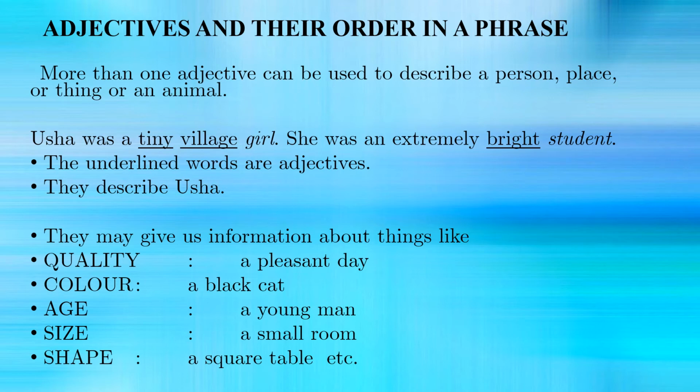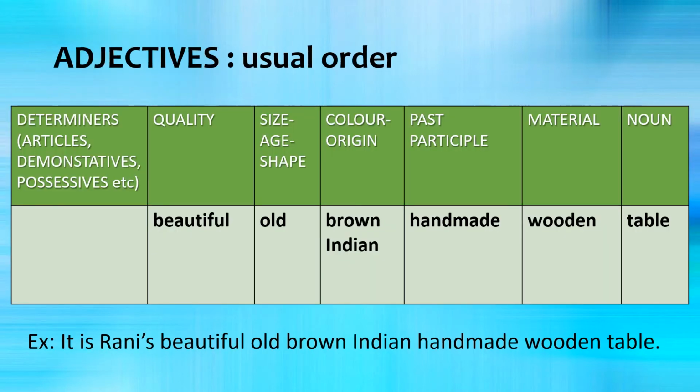First, the quality, then the color, then comes the age, size, shape, and some others. Here is the table provided for better understanding. So the different adjectives used in a phrase can be arranged in this order. This can be very helpful while arranging the words in a sentence.